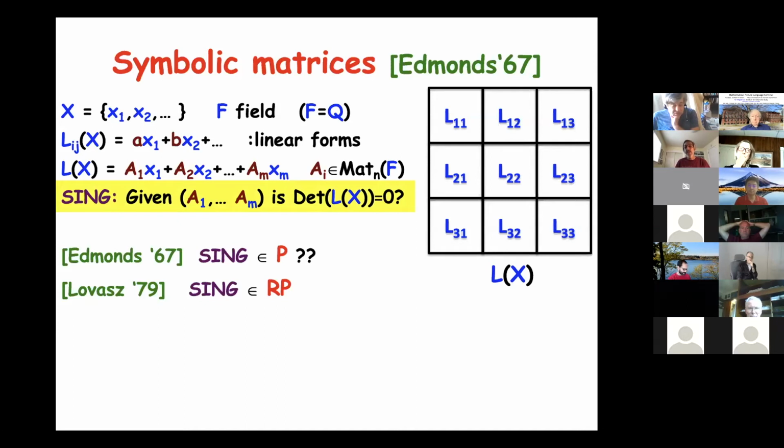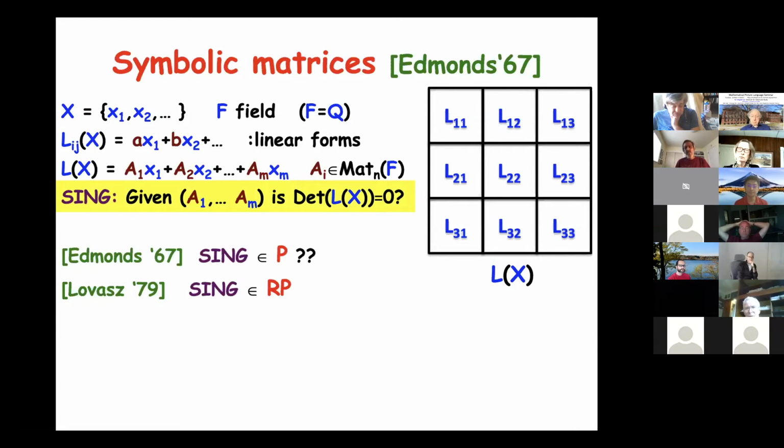Basically, just choose random values for the variables and evaluate the numeric determinant. Of course, if the determinant was identically 0, you'll always get 0. If it was not identically 0, the probability that you'll fall in the variety is negligible. So that's progress. It's an efficient algorithm, but probabilistic.